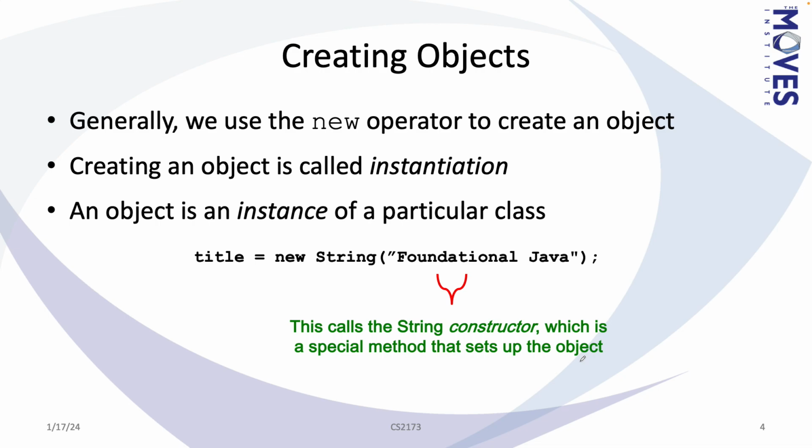And depending on what arguments may or may not be required, that will create a new object, and that's called instantiation. In other words, we create an instance of that particular class. Okay, so this evaluates to, in this case, a string object, and this assigns that string object to the variable title, which has to have been previously declared as a type of string.